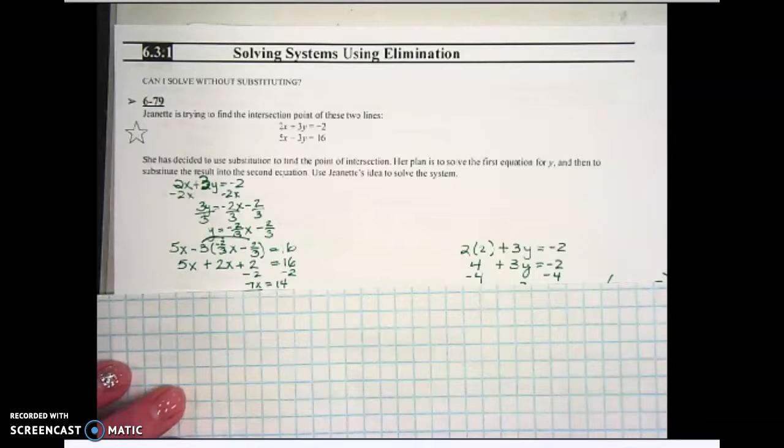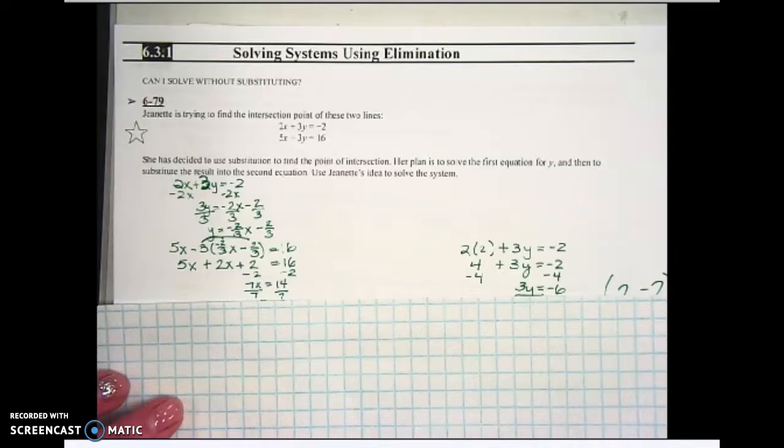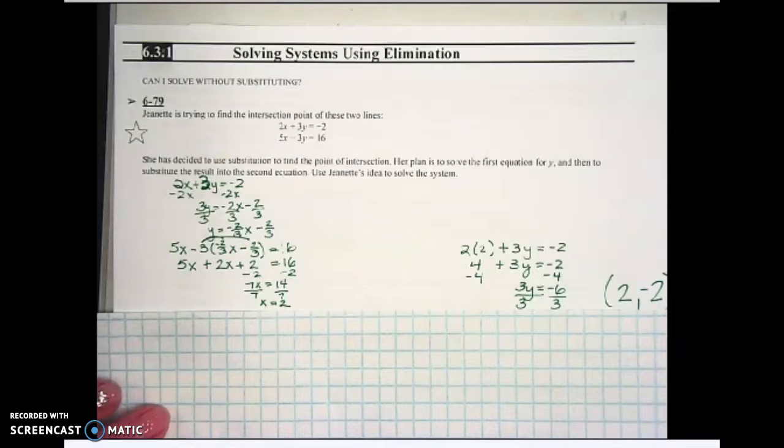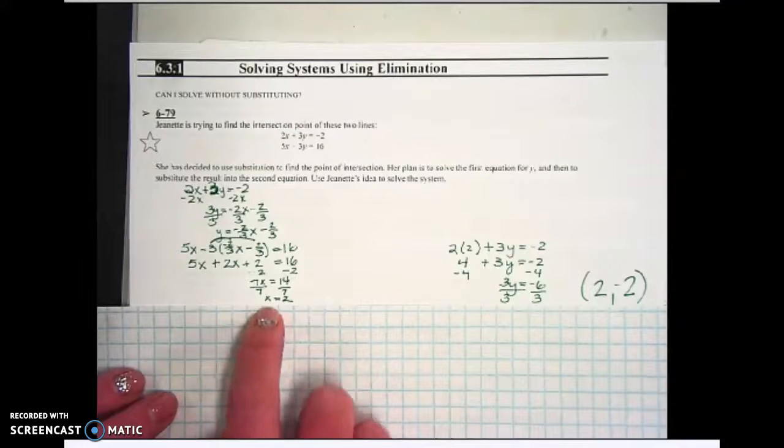What is the inverse operation of multiplying by 7? So you're going to divide both sides by 7, and 7 goes into 14 twice, 2 times. Okay? Now we're going to solve for y.